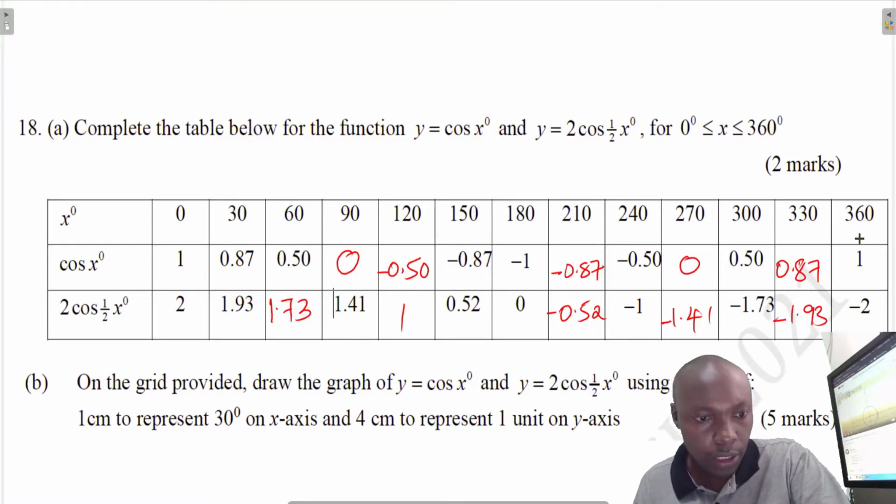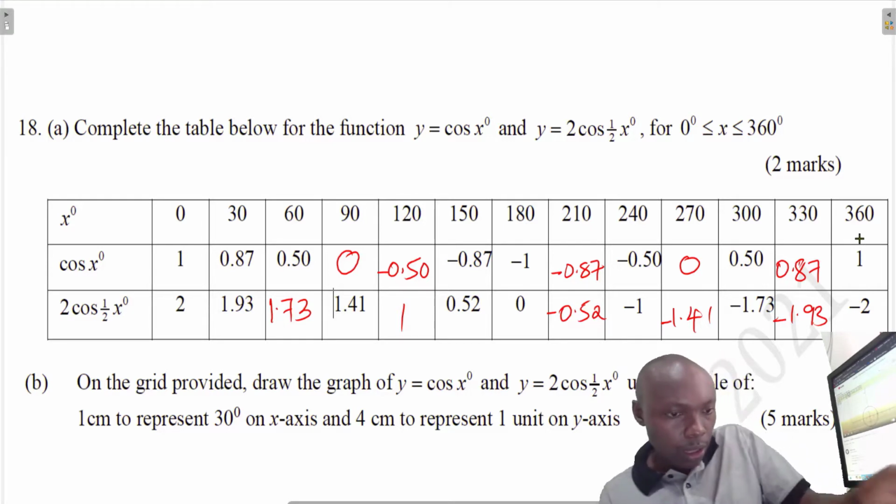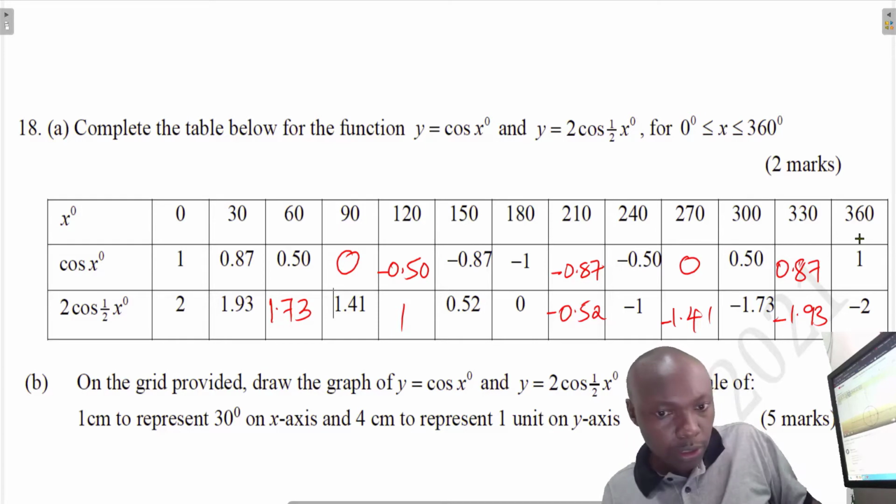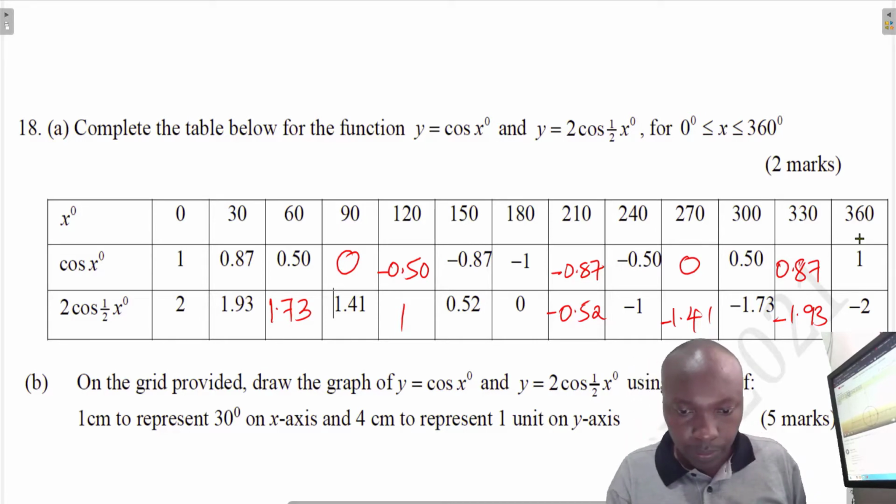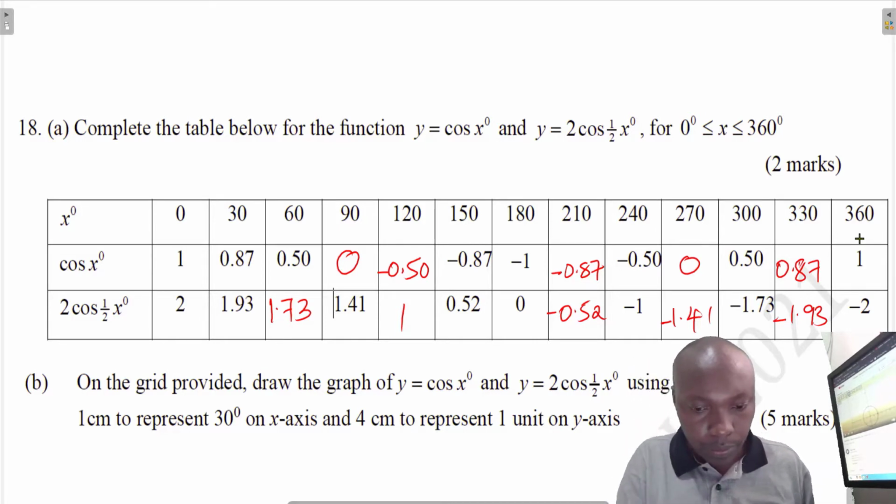Let's now proceed to the next part of the question, where we are supposed to draw the two graphs, cosine of x and 2 cosine of half x. The scale is given.